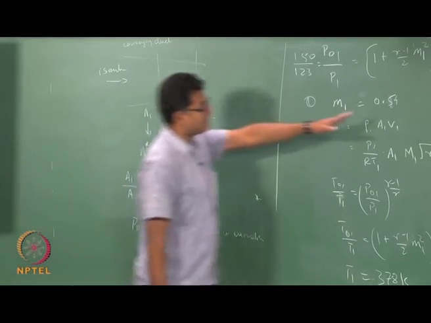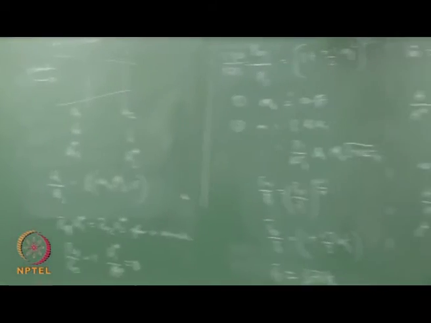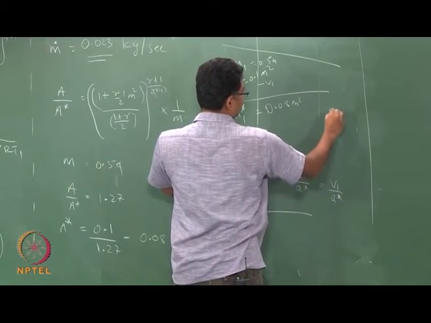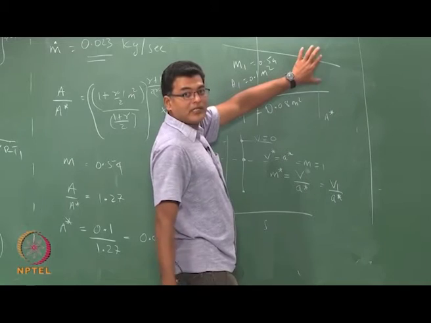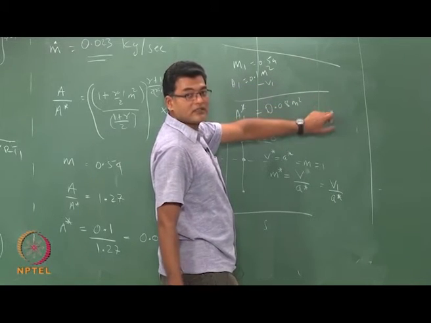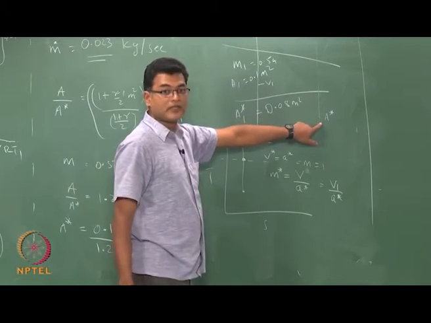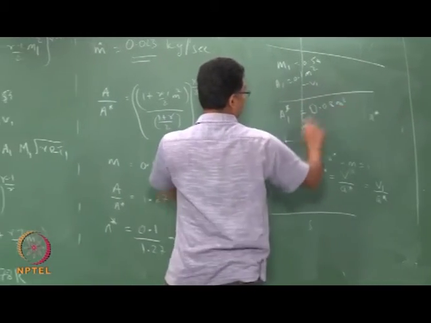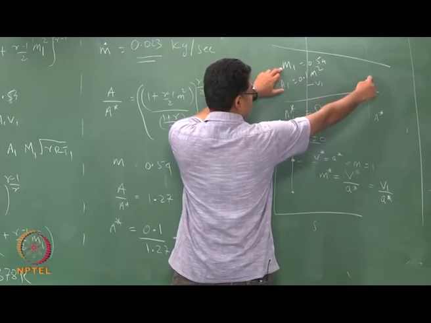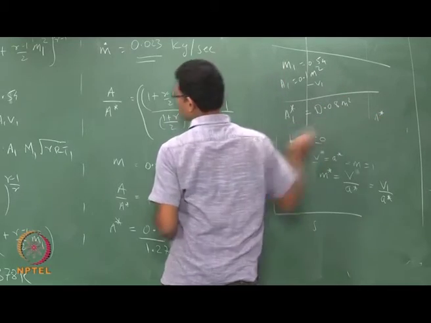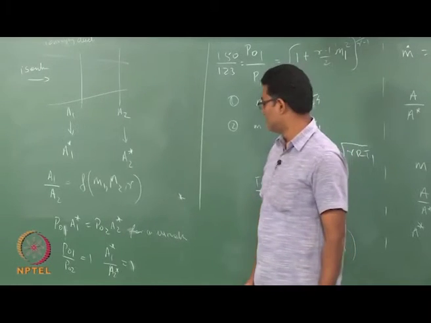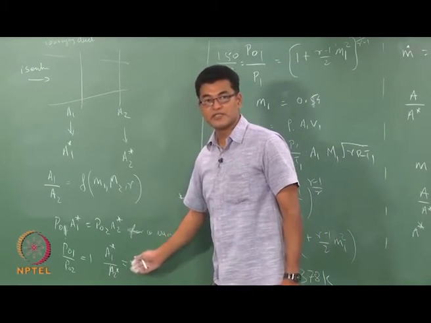So, in the same problem which we had done before, if I have a section 2 here, I will have the same A star. Even though the area would be different, and the Mach number associated here would be different, the A star value is going to remain the same. Okay. That is from this particular relation.